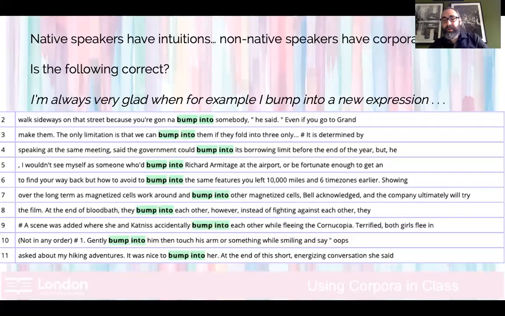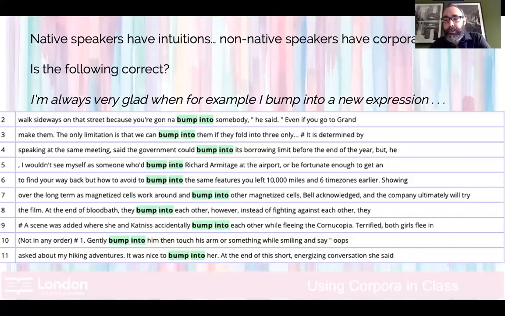As you see from these examples from corpora, and as I say, these are random examples, okay? As you see from the numbers to the side, I've just taken the first 10 examples. And it's overwhelmingly bump into somebody.